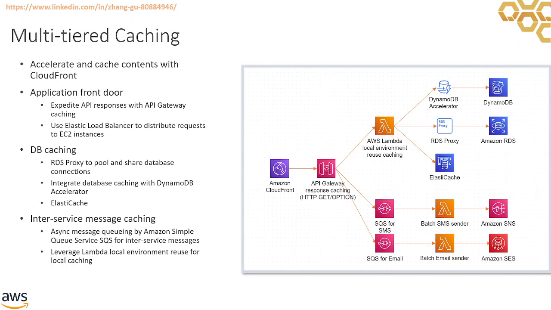Elastic Load Balancing automatically distributes your incoming traffic across multiple targets in one or more availability zones. It monitors the health of its registered targets and routes traffic only to the healthy targets. Database-related caching tools.